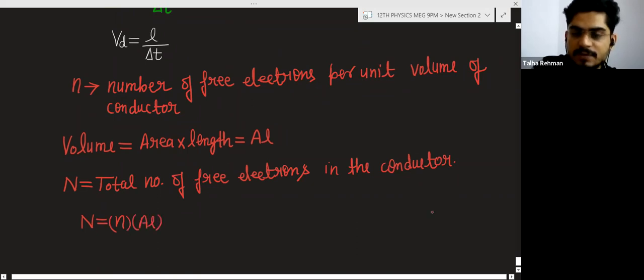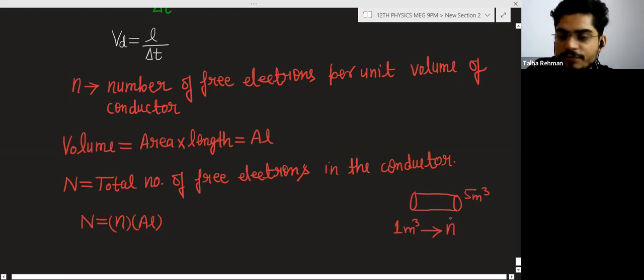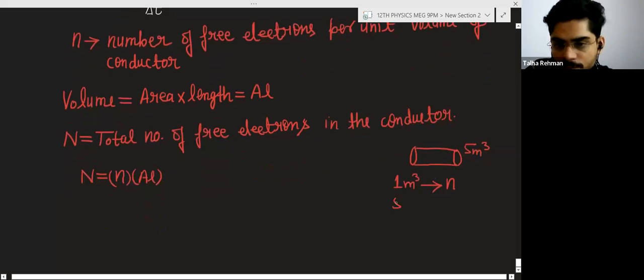Suppose a conductor has a volume of 5 meter cube. If someone is saying in 1 meter cube there are n free electrons, then in 5 meter cube there are 5n electrons.